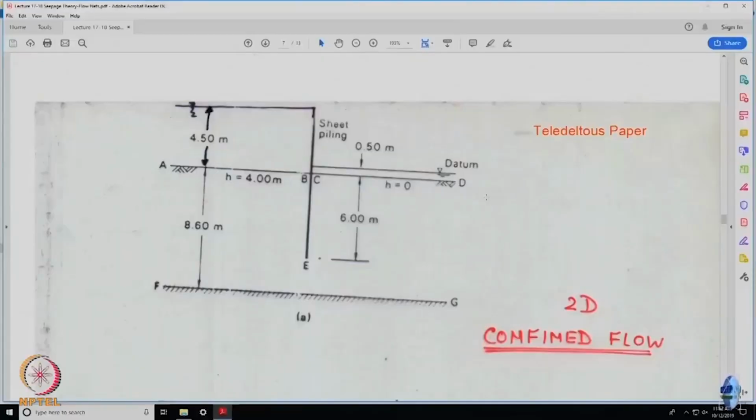Normally we have to plot these flow nets now. When we were students, we used to be given teledeltas paper. Check it on the net, what is the application of teledeltas paper. The question which you are asking is related to how to establish the flow nets, correct, in short. So use this teledeltas paper.